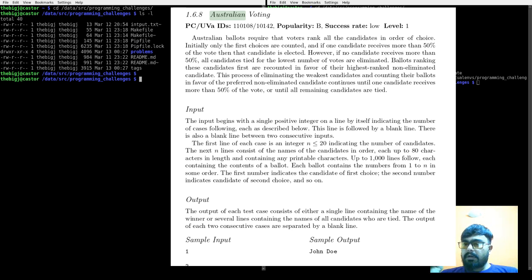However, if no candidate receives more than 50%, all candidates tied for the lowest number of votes are eliminated.